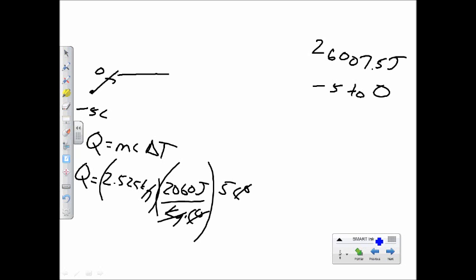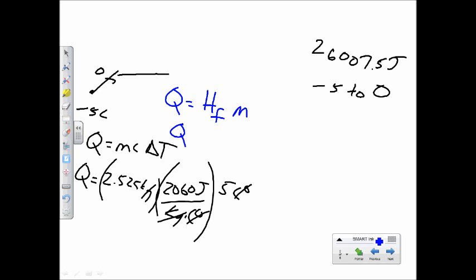And once we get to 0, what do we have to do at 0? While we're at 0, what do we got to do? Heat of fusion. We've got to melt it. To calculate the heat needed for that, this equation we haven't exactly seen. It's going to be Q equals HF times the mass. Heat of fusion times the mass.